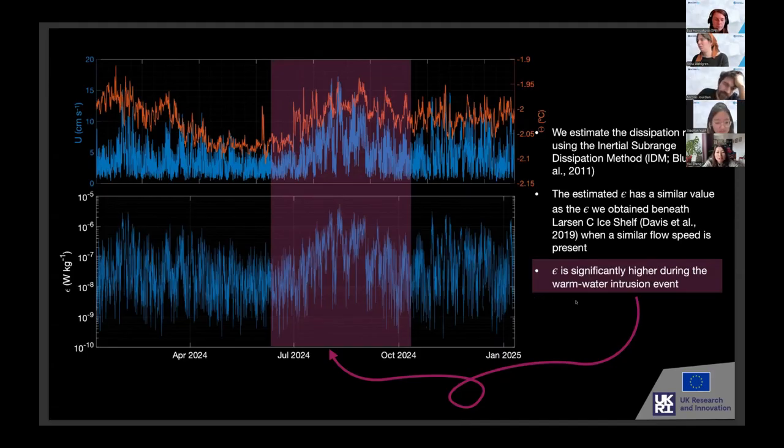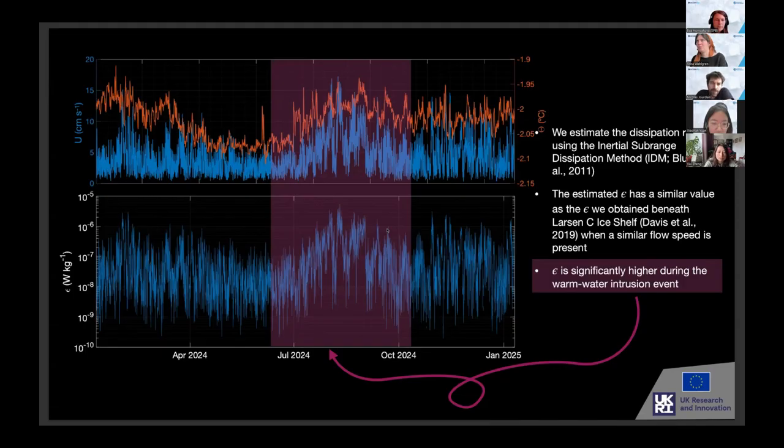This is super cool because it means that our turbulence was significantly higher during this time, which can then transport the warm water content, heat maybe, upwards to melt the ice shelf.